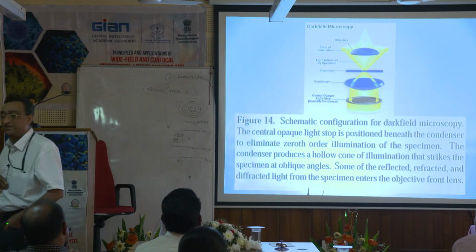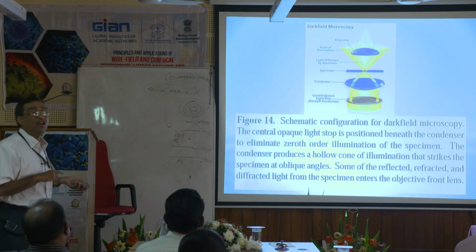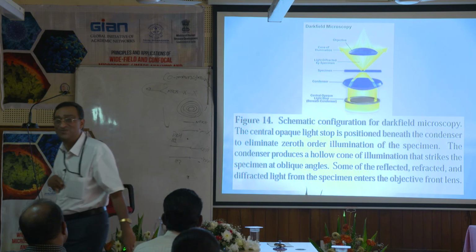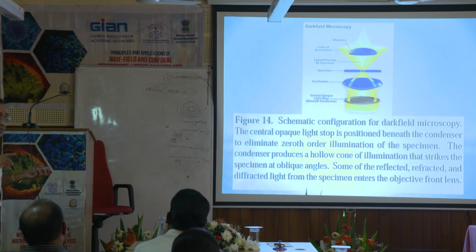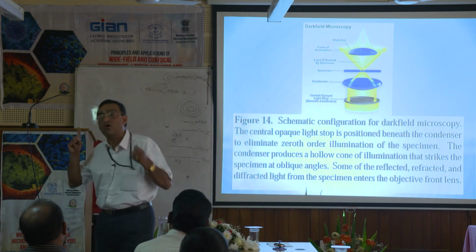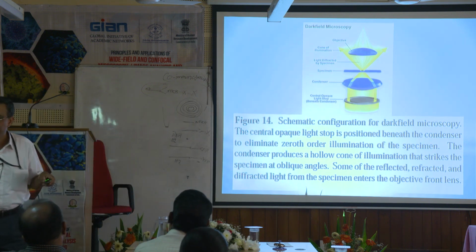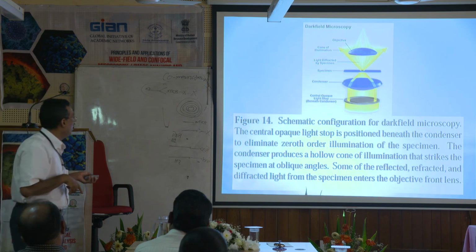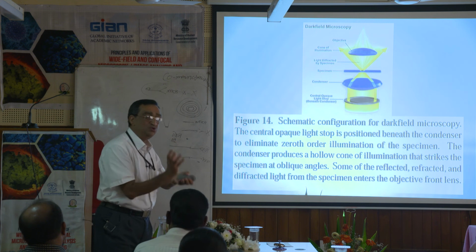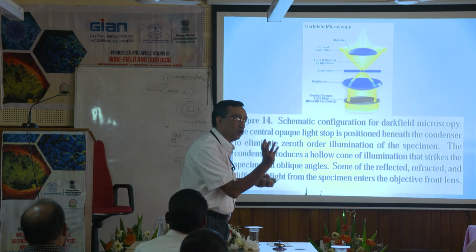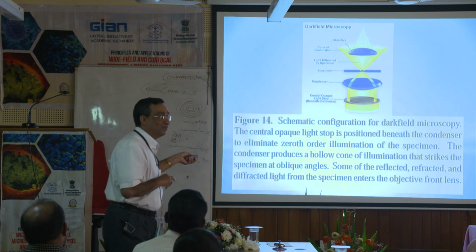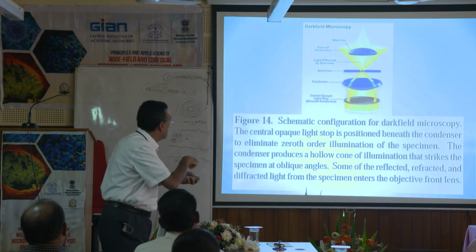Okay. For example, there are several techniques by which you can enhance the contrast in your optical microscope. The first one is dark field microscopy. I extensively used it in electron microscopy also. What is dark field microscopy? See here, the illumination is made oblique, not direct. Here your light source or condenser is first covered with a lid, and the lid has a ring.